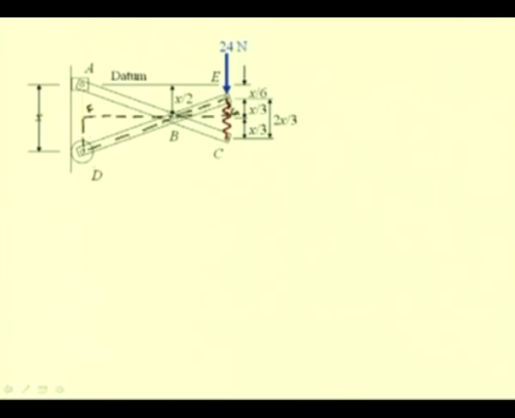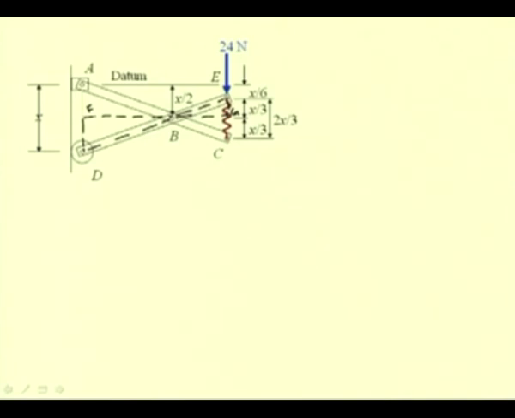So, from the triangles DBF and the triangle BEG, knowing these distances, that is DB and BE, and also these distances, that is FD, which is x by 2, and this distance can be determined, that is EG can be determined.